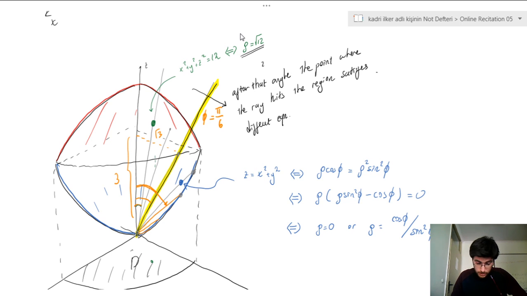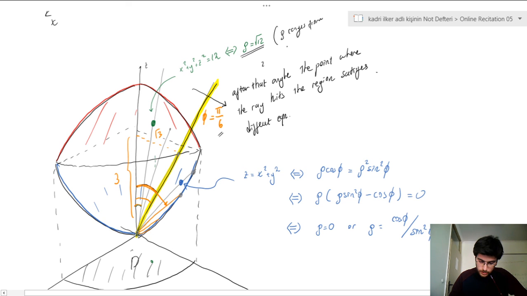Therefore, we should be careful. When phi is less than pi over 6, rho actually ranges from 0 to this constant number.